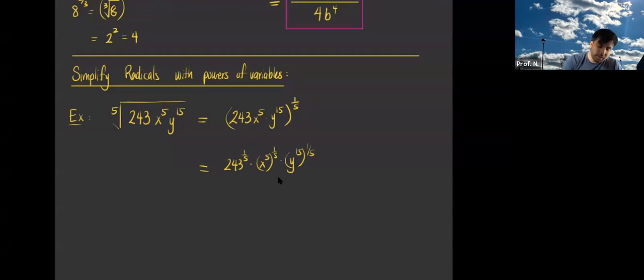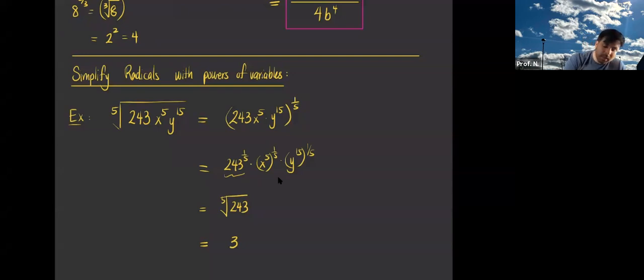But what I really just did was rewrite this as the 5th root. I can rewrite this as the 5th root of 243, and 3 to the 5th power is 243. So the 5th root of 243 is 3.